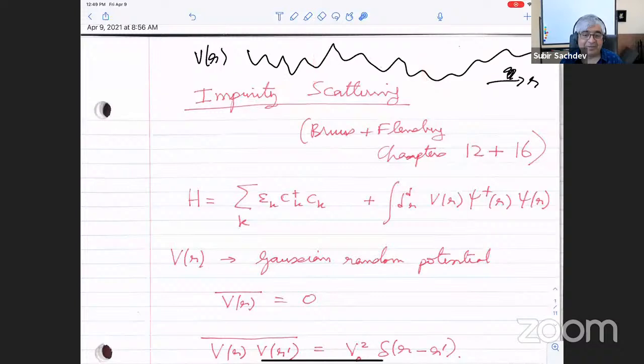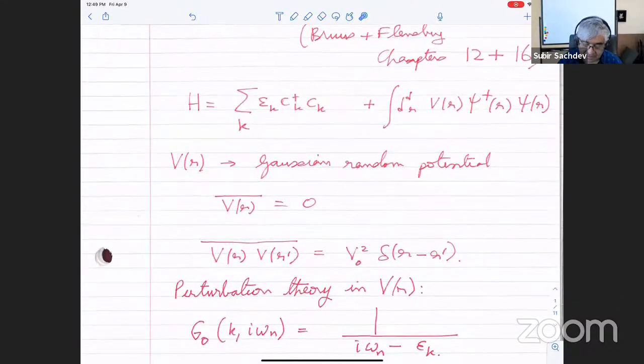They're totally uncorrelated. The impurities are at random positions. Just because there's an impurity here doesn't tell us anything about whether there's an impurity on the next site. They go randomly on different sites. In the continuum limit that gives you this delta function.